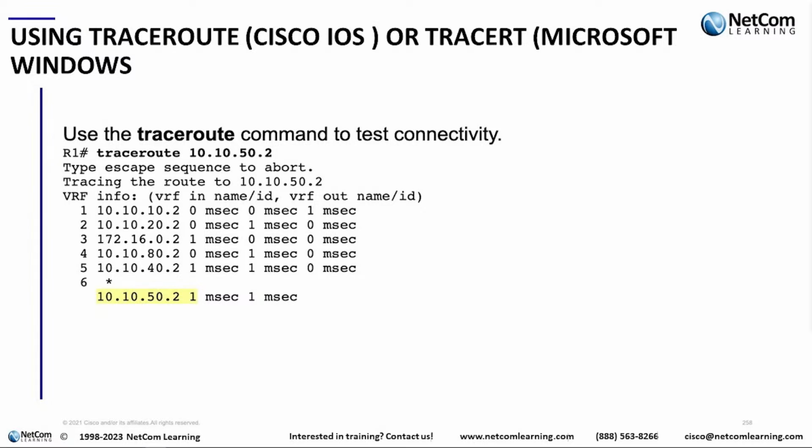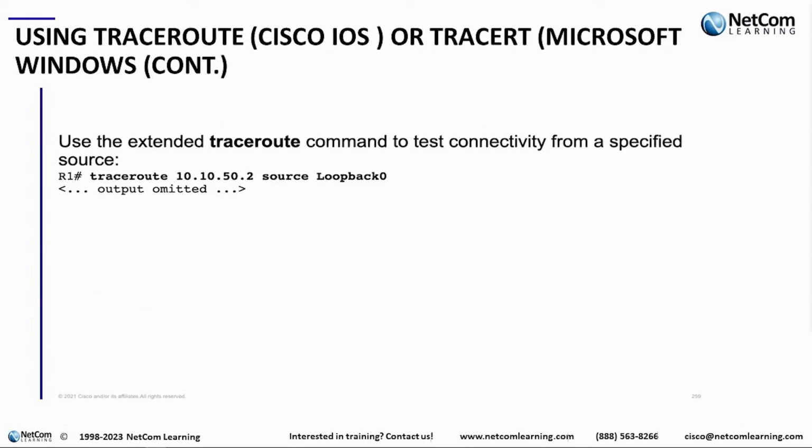And then what the utility does is it combines all of those series of ICMP echo requests and replies to identify every single router between the source and the destination. So here's an example of an extended traceroute that can test connectivity from a specified source, in this case, the loopback 0 interface.